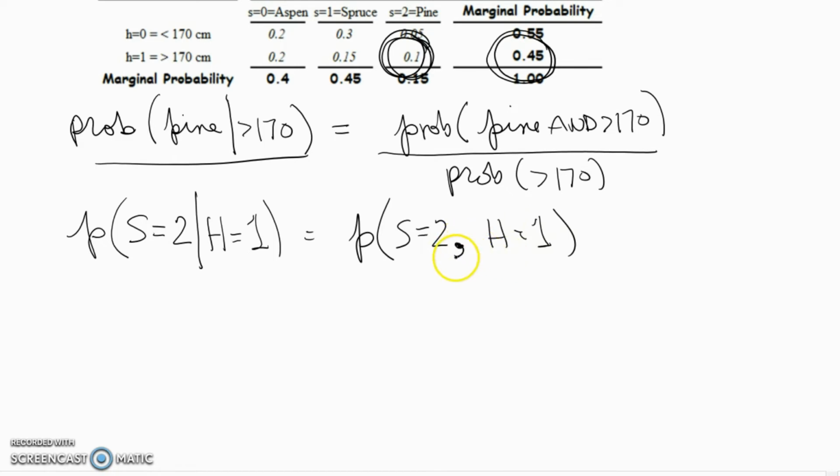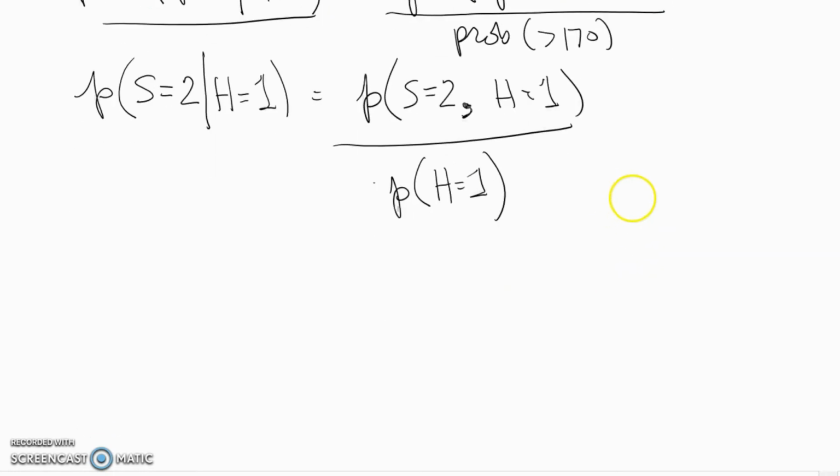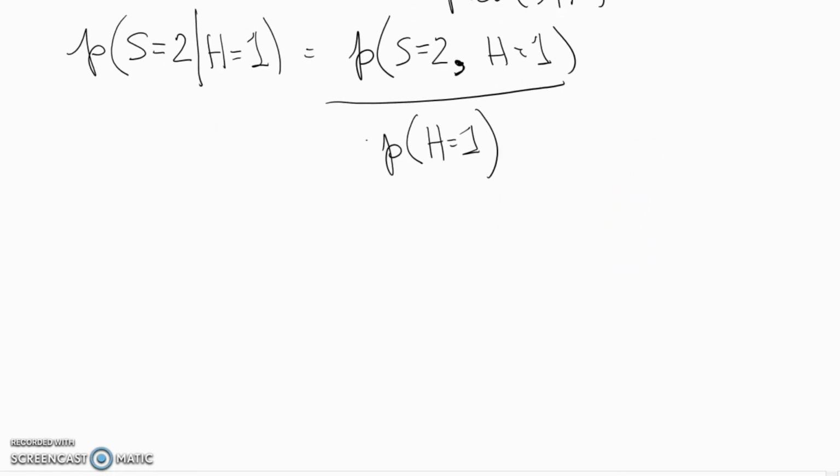So we notice the comma here, it's a joint distribution divided by the marginal distribution, the probability that H is equal to 1.